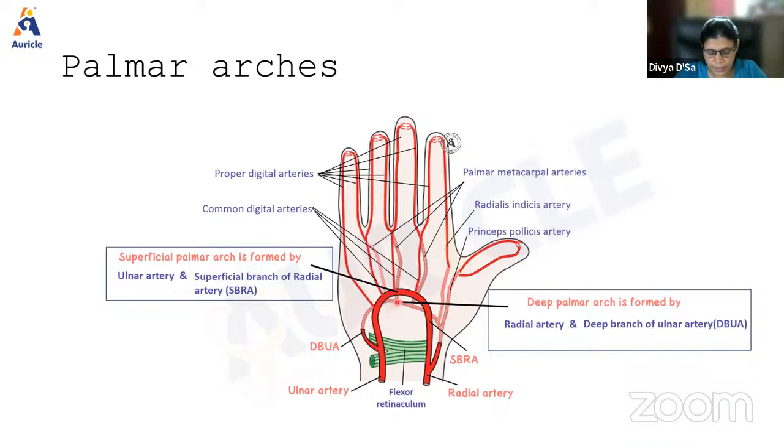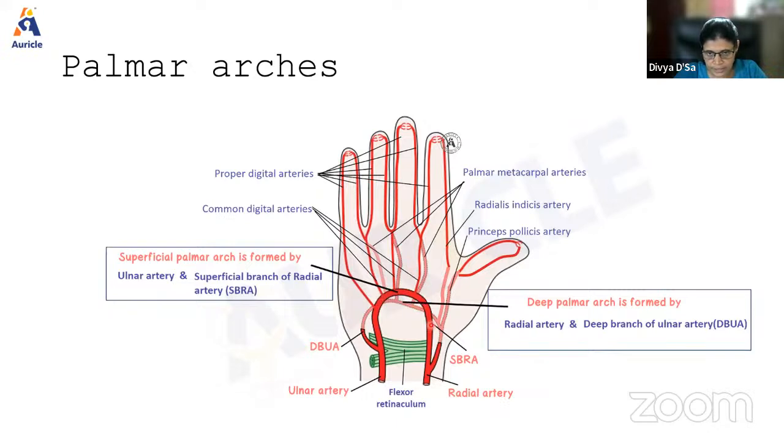It enters the palm and the artery curves laterally behind the palmar aponeurosis and in front of the long flexor tendons. The concavity is directed towards the wrist joint, whereas the convexity is towards the digits.